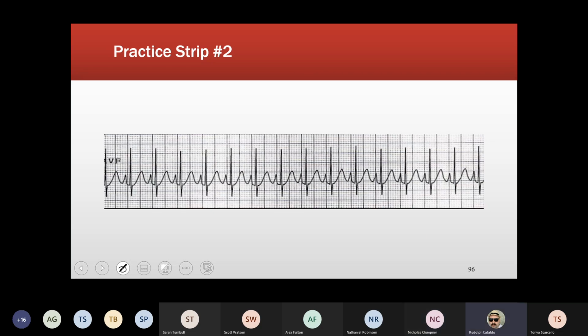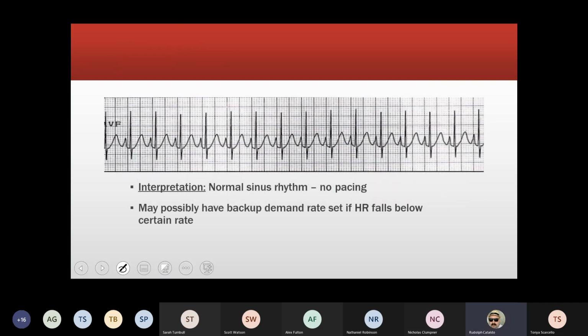Is my QRS narrow or wide? Narrow. Okay. Let's say this is a 6-second strip. What's my rate? 180. Okay. We'll say between 170 and 180. But I can tell the difference between a P wave and a T wave, can I not? Yes. I'd just call that sinus tach.